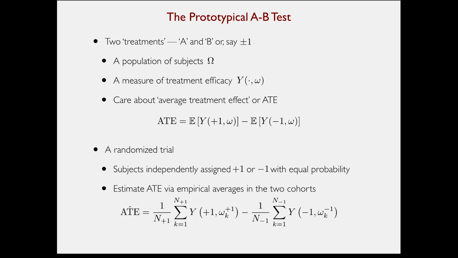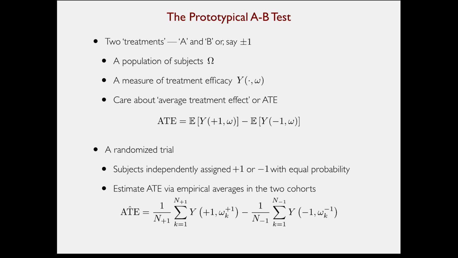Subjects are independently assigned to either plus 1 or minus 1. Let's keep it really simple: equal probability. Subjects get assigned to either plus 1 or minus 1. And at the end of the day, you come up with an empirical estimate for this by just replacing each of these with empirical averages. So that's a vanilla randomized trial.